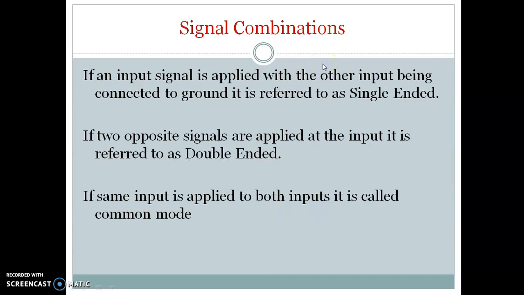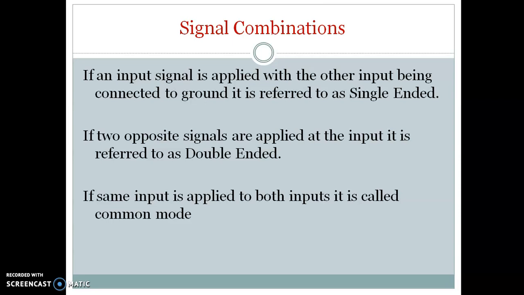Now, how can the signals be combined? In the first case, we take a single ended input. That means I give only one input, and the other input is ground. I connect the signal to only one terminal, and the other terminal is used as a reference point.